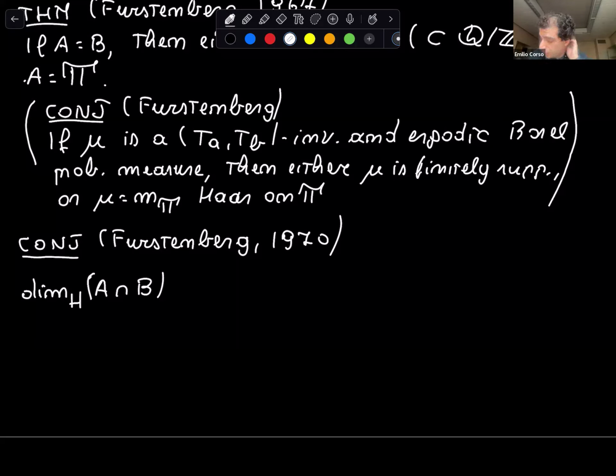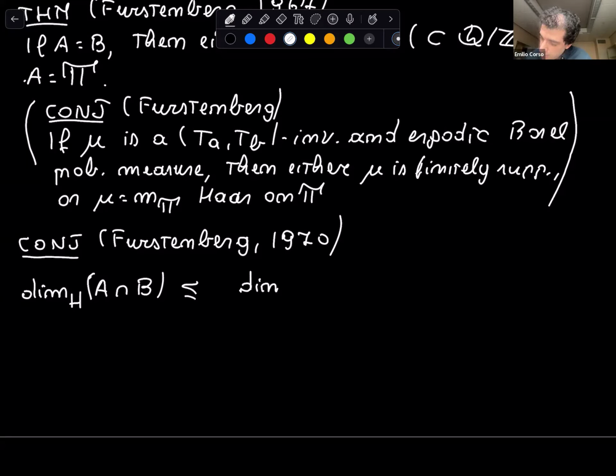Now here the analog would be: the intersection is as small as possible if the sum set of A and B is as large as possible in dimension theoretic terms, meaning if it has dimension 1. And so actually the conjecture is precisely this.